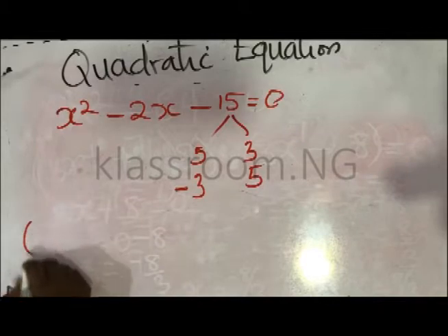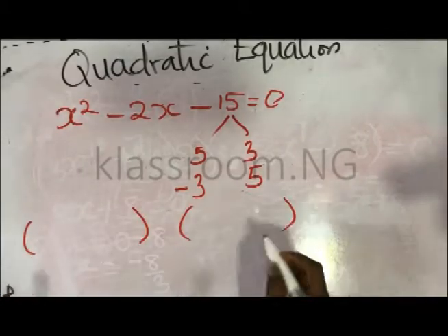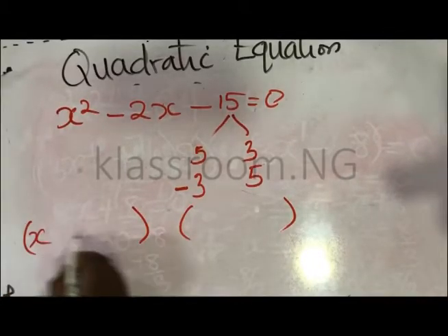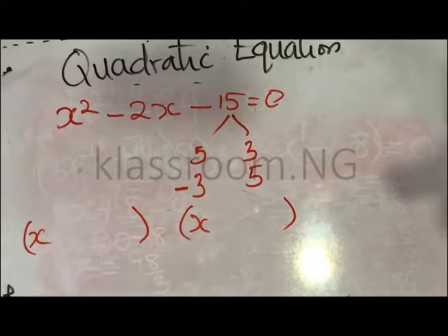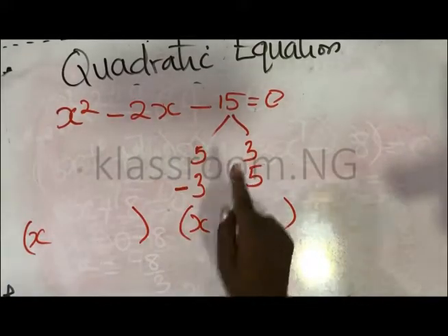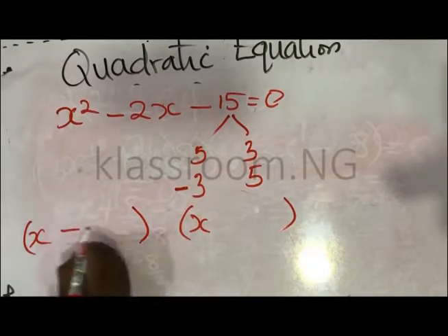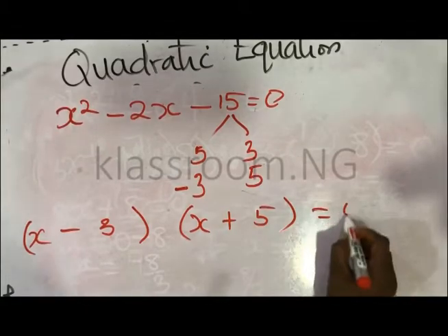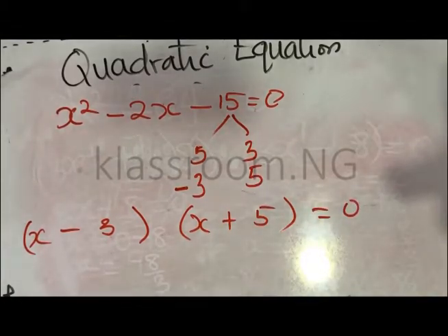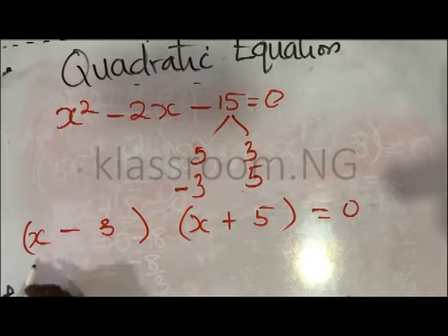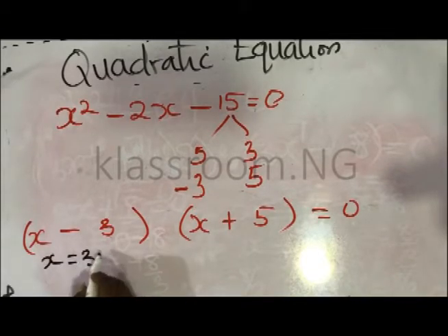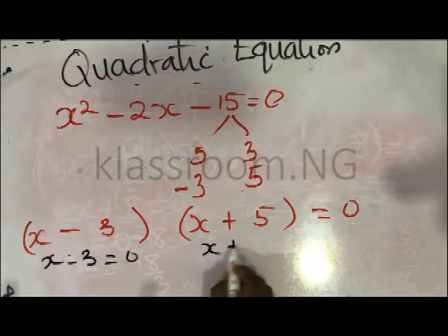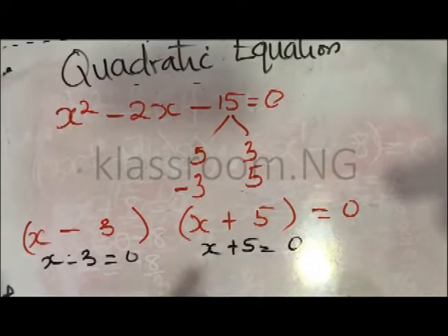So we'll open our bracket. So we have x and we also have x. Now remember, we're considering these two numbers that will give us minus 15. So we're going to have minus 3 and plus 5 equal 0. So we have x minus 3 equals 0, and we have x plus 5 equal 0.